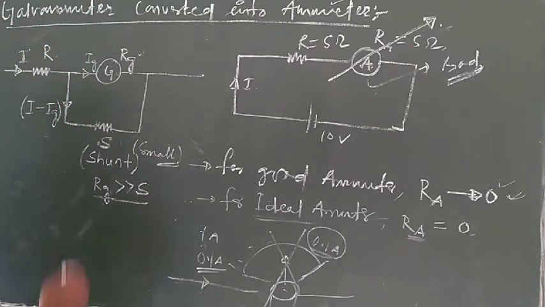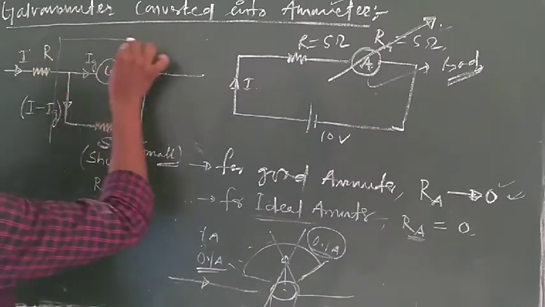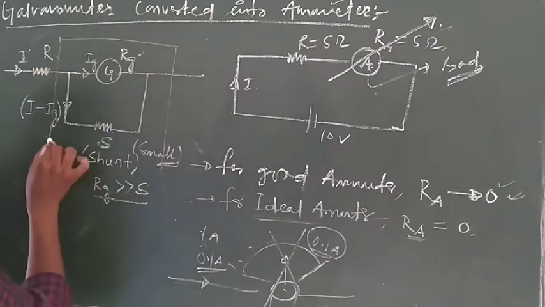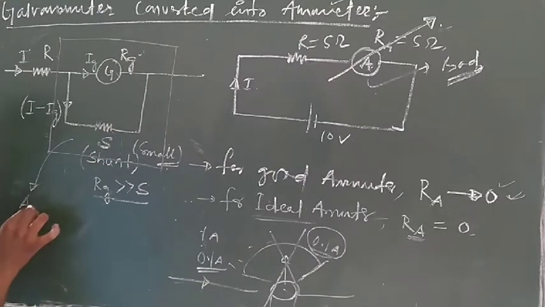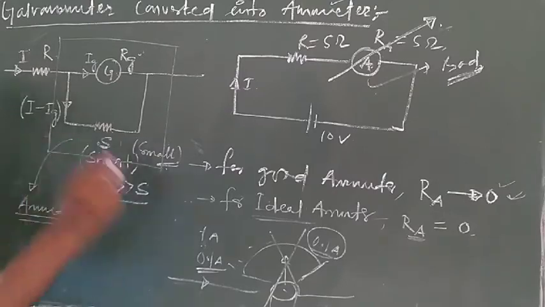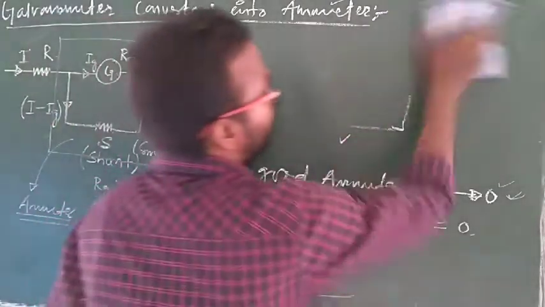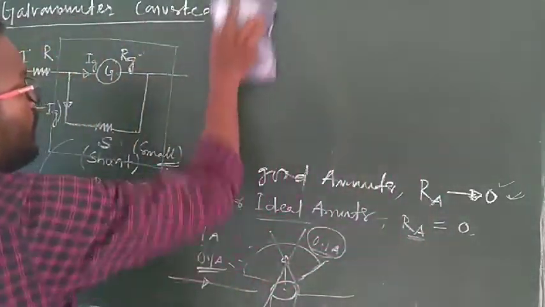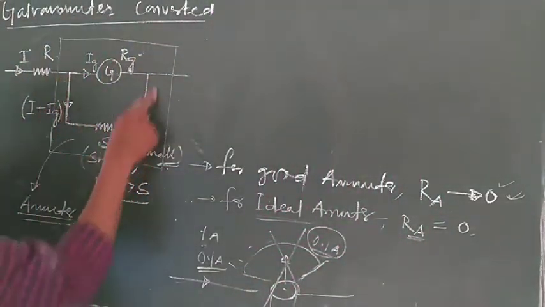Now this combination is known as an ammeter, because we can find the effective resistance of this combination, since it is a parallel combination.